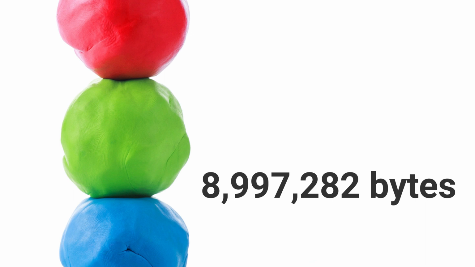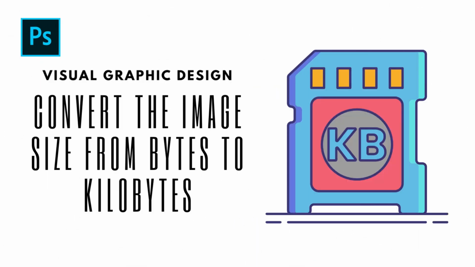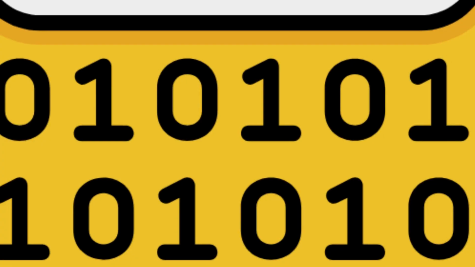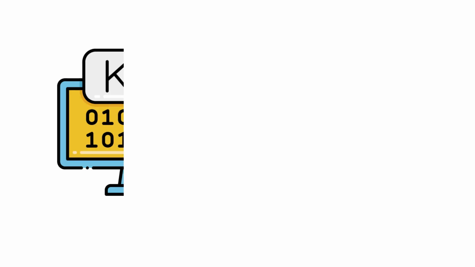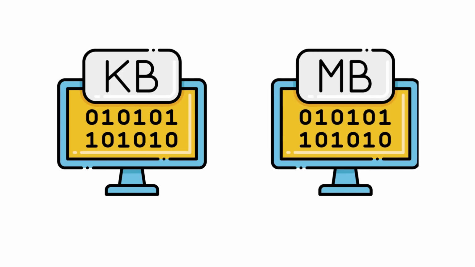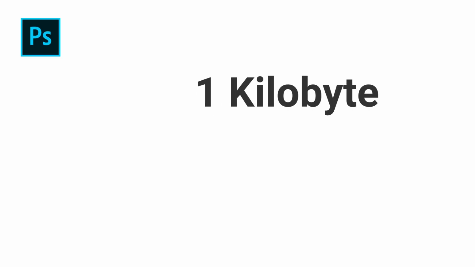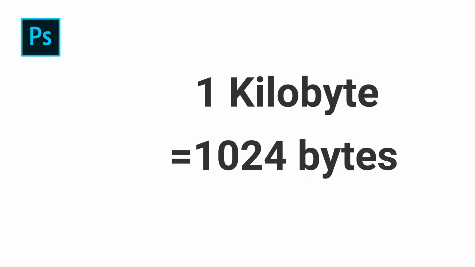Convert the image size from bytes to kilobytes. We have our total file size in bytes. But a byte is a very small unit of measurement, so it's not very practical to refer to the size of an image in bytes. Instead, we usually talk about image size in either kilobytes or, more commonly, in megabytes. 1 kilobyte is equal to 1024 bytes.